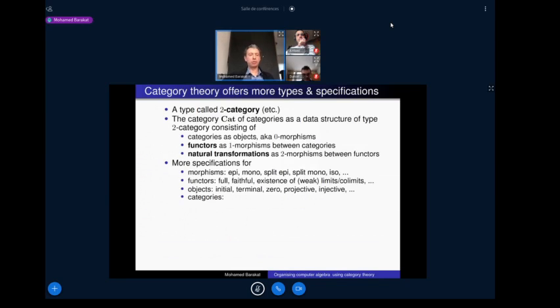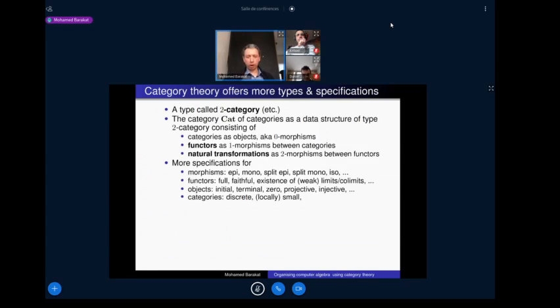And you also get more specification for categories. A discrete category is a category which only has the identity morphisms, so only the ones dictated by the specifications. Locally small categories, where the class of morphisms between 2 objects is a set and not a class, but for us on the computer, everything is just a set.